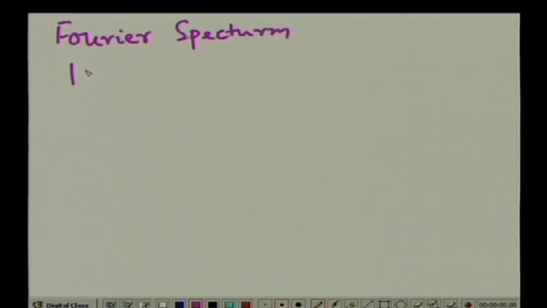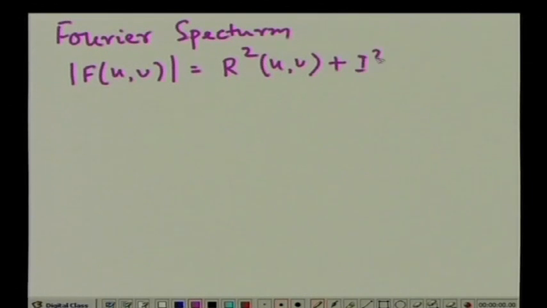So, in case of the discrete image, the Fourier spectrum is given by a similar expression, that is |F(u,v)| is nothing but the square root of R square(u,v) plus I square(u,v).